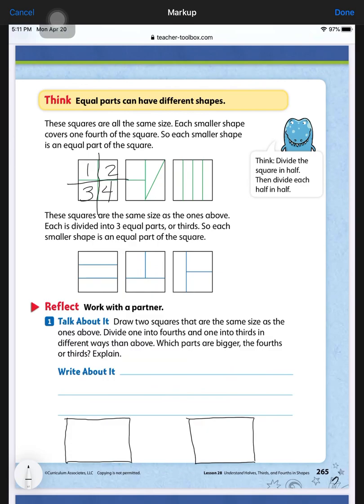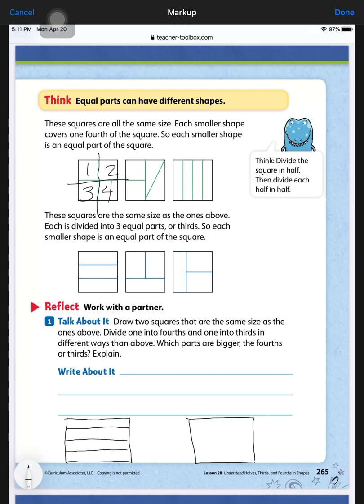So I'm going to go across like this, and I'm going to do my very best to make all of my fourths about equal, as equal as possible. I know that when we're drawing it by ourselves, sometimes it's harder to draw that perfectly. So there's my fourths.